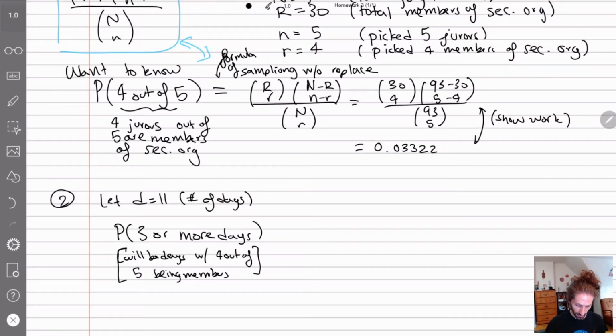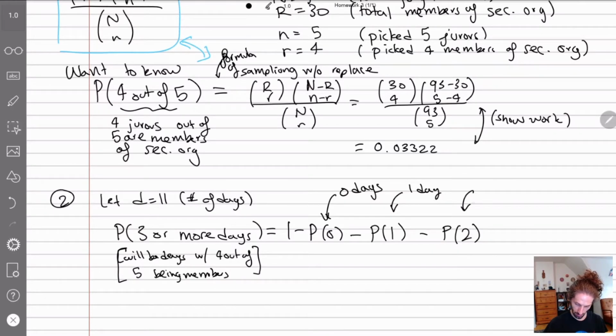So 3 or more days, how do we calculate this? Obviously I don't want to calculate every single day. That's a lot of them, there's 11 of them. So instead we're going to do this backwards. We'll take off the probability of 0 days, 1 day, and 2 days, and that's it, because here we have 3.